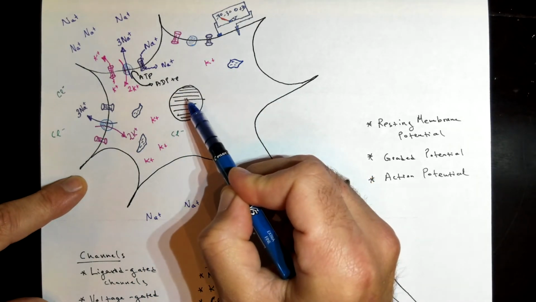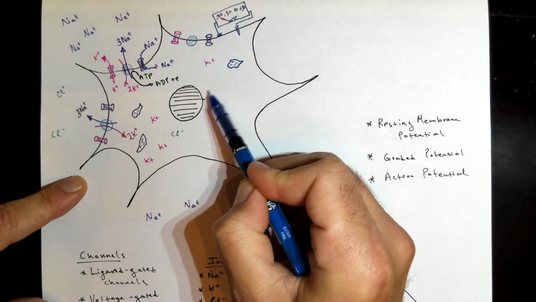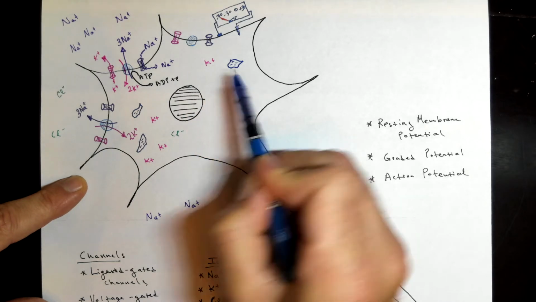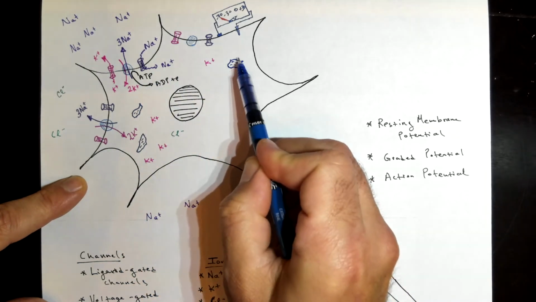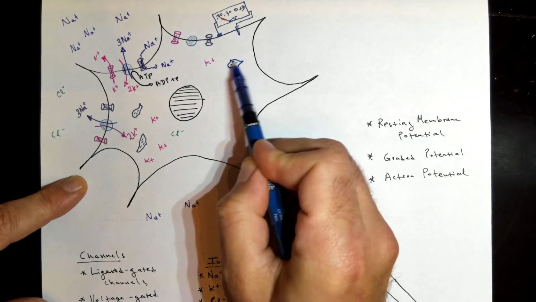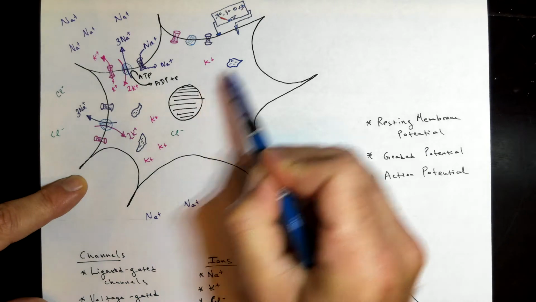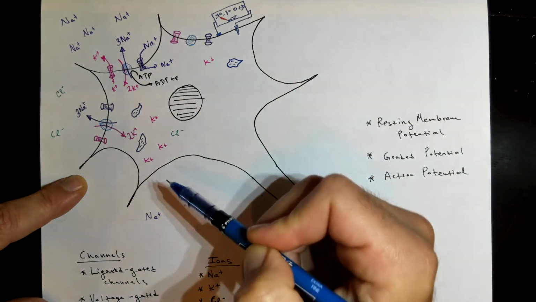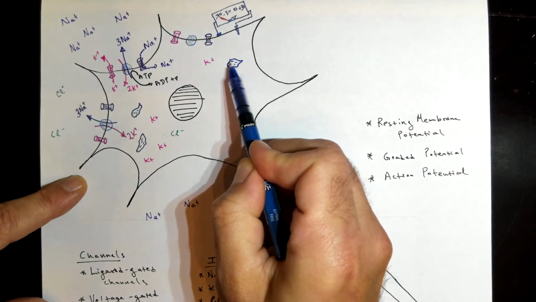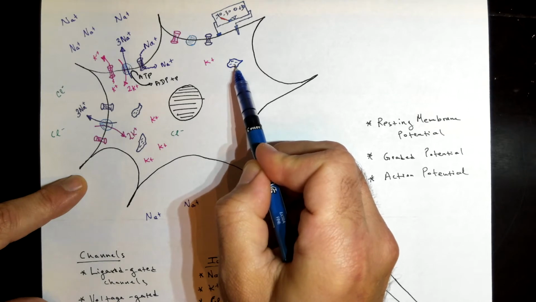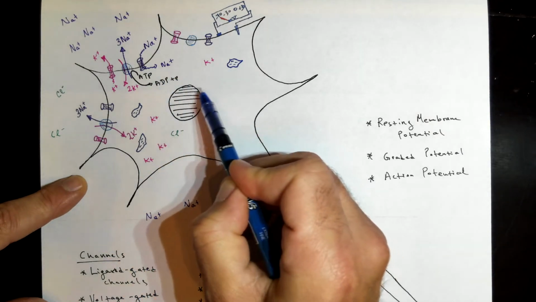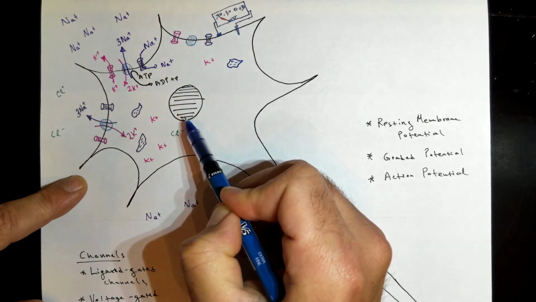Let's not forget DNA, mRNA, protein, right? So cells are always building proteins, and proteins tend to have this negative charge on them, and then they're stuck within the cell and they cannot leave the cell. And they give this negative charge to the inside of the cell.